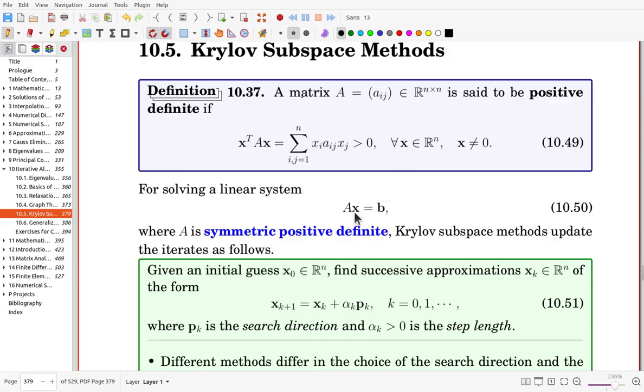In this section, we'll try to solve this form of a linear system where A is symmetric positive definite. Krylov subspace methods update the iterate in this way. Beginning from an initial guess x0, we get a new iterate from the old one by adding the search direction scaled by the step length.